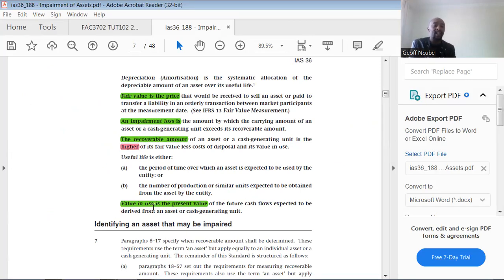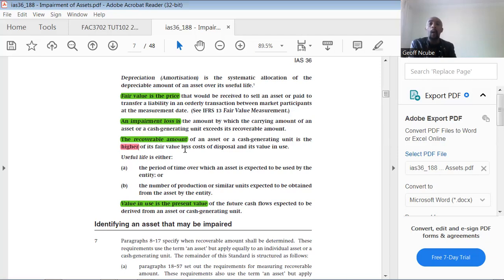Then what is the value in use? Value in use is the present value of the future cash flows expected to be derived from an asset. So in other words, the decision of a recoverable amount, you are saying, how much will I recover if I am to sell the asset now? That is your fair value. How much will I get? Now, if I am to sell the asset now in its condition as it is, how much will I fetch?